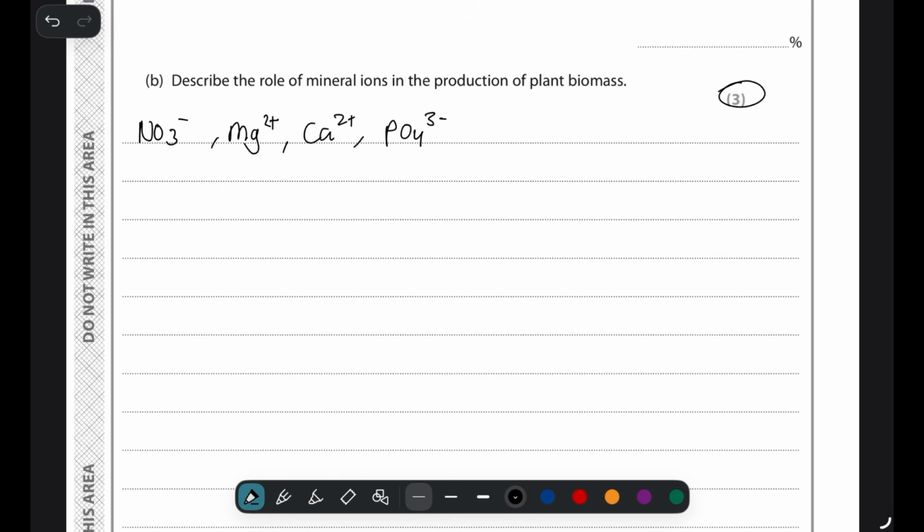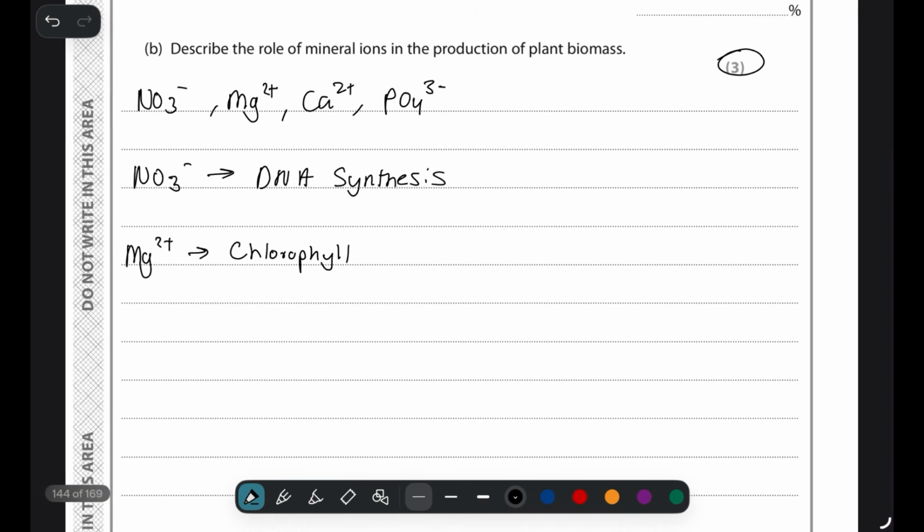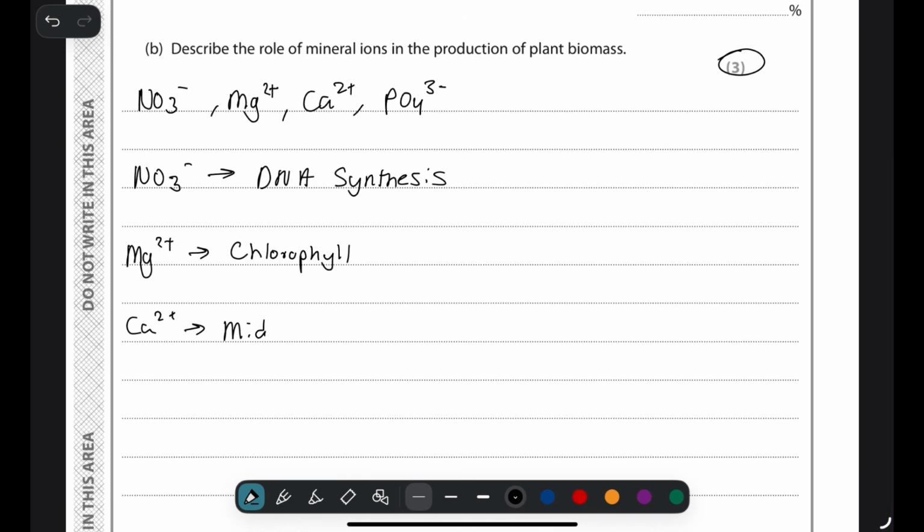So nitrates, I know, are going to be quite good in terms of DNA synthesis or amino acids or whatever you want to say. A fact that you should know is magnesium is used for chlorophyll. Another thing you should know is calcium is used for the middle lamella.